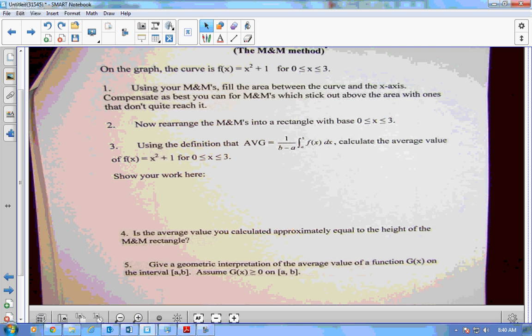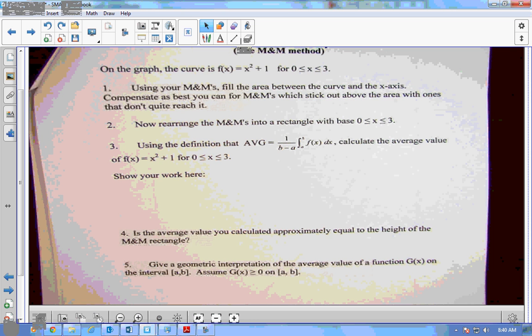When we do this rectangle, how is that showing us what the average value is? Ideas. Brainstorm.